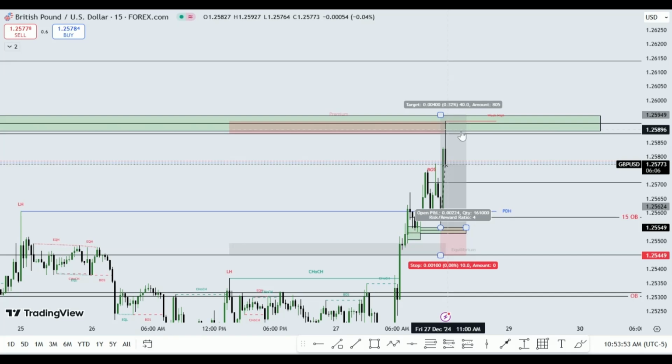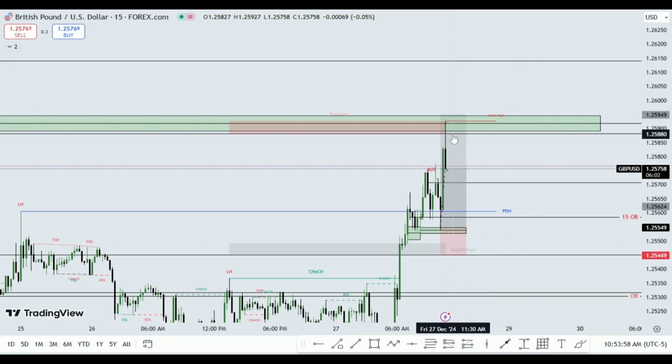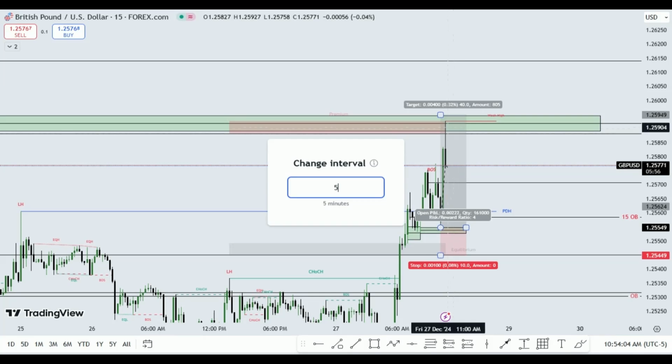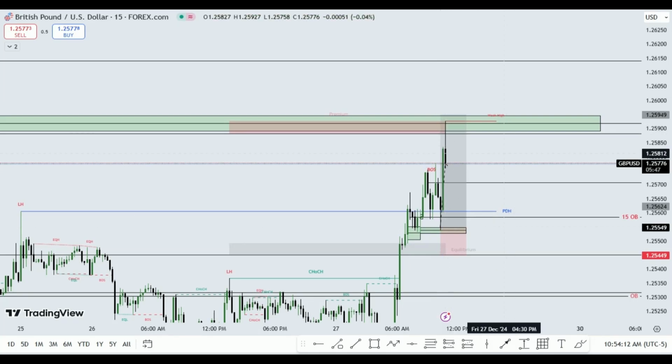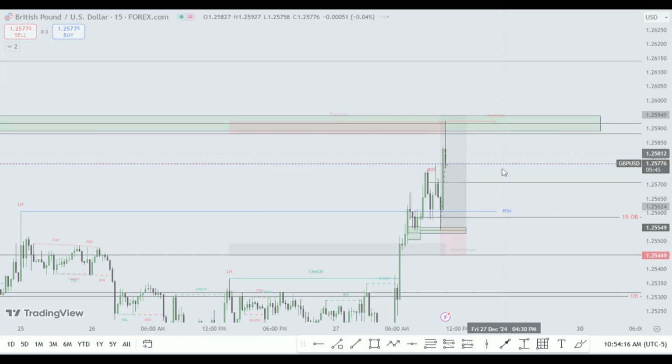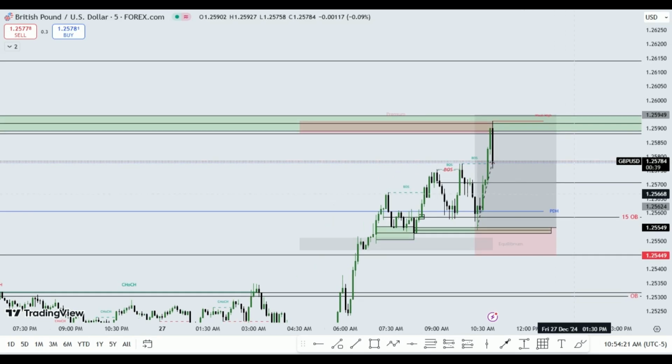It's enough for today, because we are risking just 10 pip and you make 30. You make 3%, which is 1 to 3, which is enough for you for the day, in less than 30 minutes. From this level, can you see? And then this level, which is almost 30 minutes for the day. So it's enough for you as a retail trader, and then switch off the system and walk away.